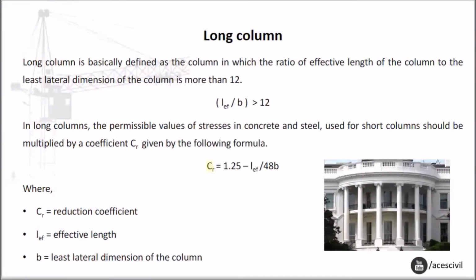CR = 1.25 - LF/(48B), where CR equals reduction coefficient, LF equals effective length, B equals least lateral dimension of the column.